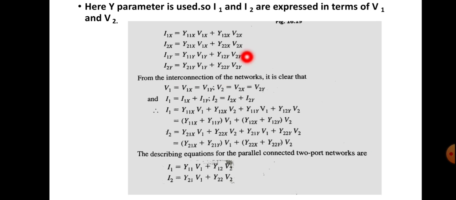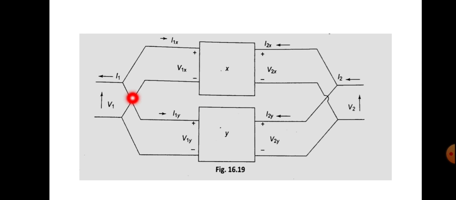This is the equation when we consider the two ports individually. When we connect them in parallel, the combination becomes a single network. Suppose in that parallel combination V1 is the input voltage, I1 is the input current, I2 is the output current, and V2 is the output voltage. So we express I1 and I2 in terms of V1 and V2.